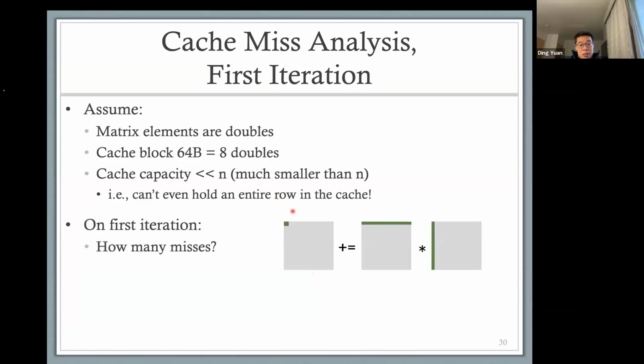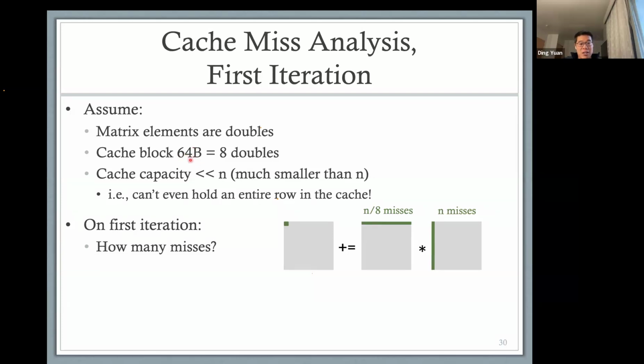And what are the misses? It's pretty much what we already discussed. So for each row, there are n accesses. There are n divided by 8. Why n divided by 8? Because let's assume the cache block size is 64 bytes, which is typical in a real cache.